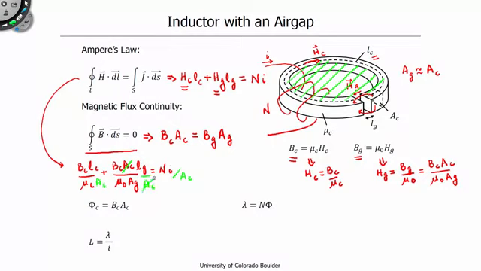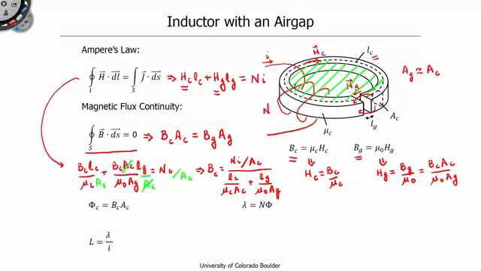These ACs go away, and now I can write an expression for BC, which is the magnetic flux density in the core, as follows. So my BC is therefore equal to Ni over AC divided by LC over mu C AC plus LG over mu naught AG.